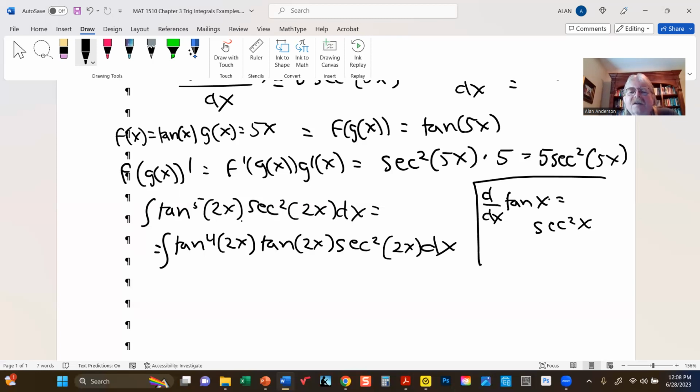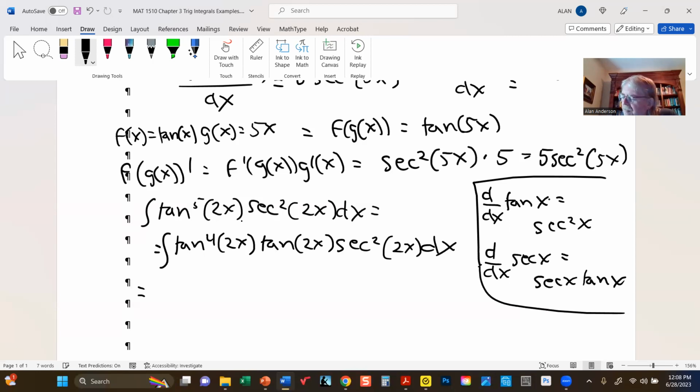Oh, you know what else? Well, all right, we know that. And then just in case we need it, that could help us figure out what to do about it, or use substitution.